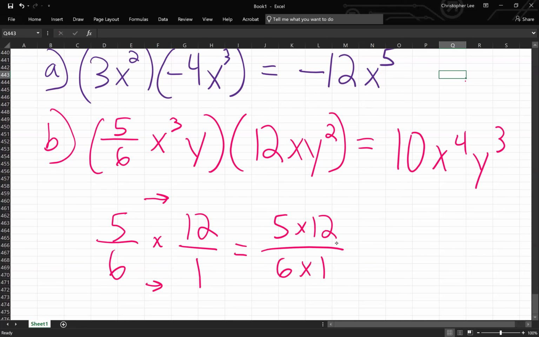Now, y'all know I don't know my timetable, so I got to do something tricky here, right? We know that 6 goes into 6 once and 6 goes into 12 two times. So what does this become? 5 times 2, right? I could put it over 1, but y'all get the idea. And 5 times 2 is 10. That's how I get the 10. As for the exponents, you have x to the third times x. Remember that this is like x to the 1 power.